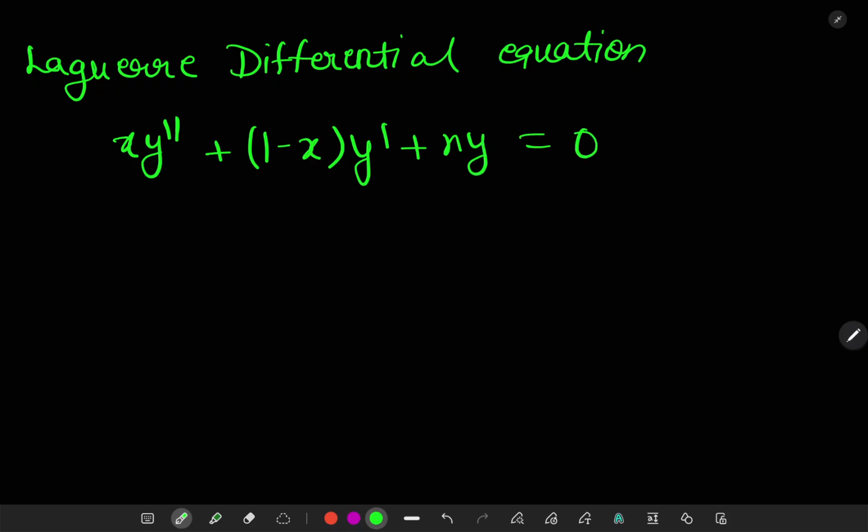Using the Frobenius power series method, we can find the solution of this differential equation. Here this is a solution.